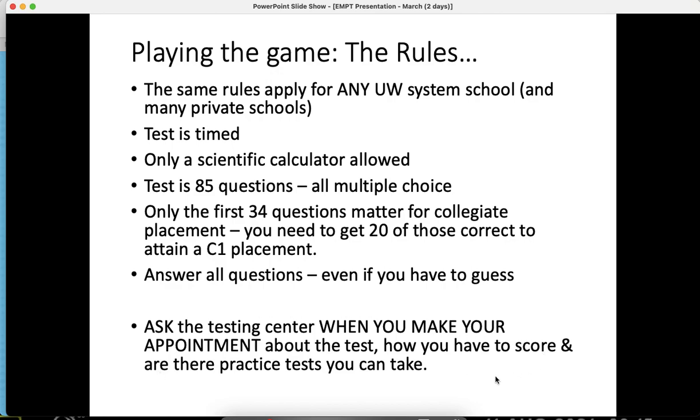Ask all those questions. They'll probably refer you to a website to get all the information you want about the test. Schools are usually pretty transparent in giving you that information, but they only give it to you when you ask for it. So make sure you do that when you're setting up your placement tests.